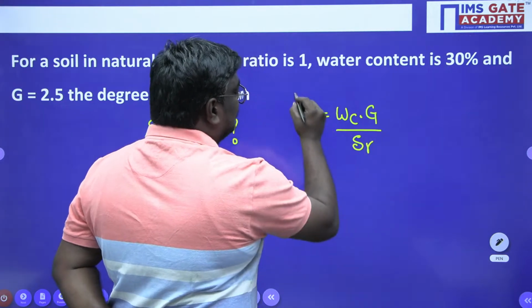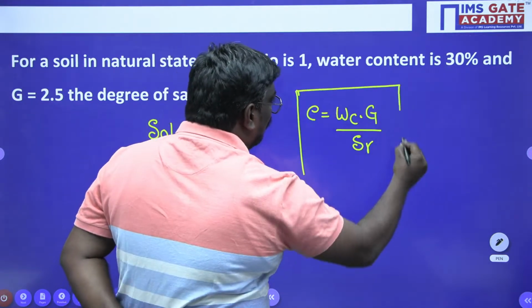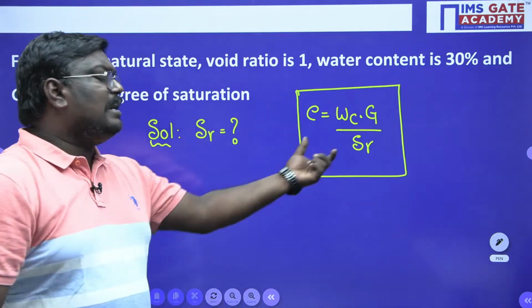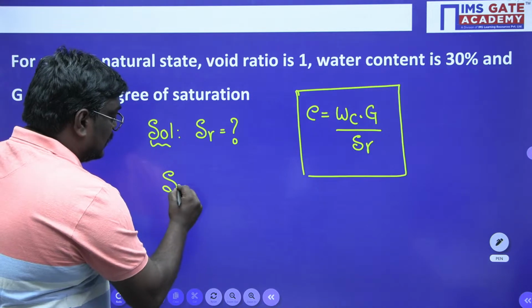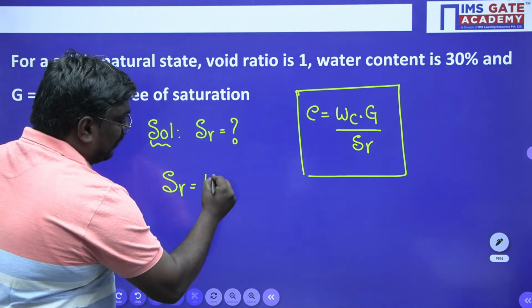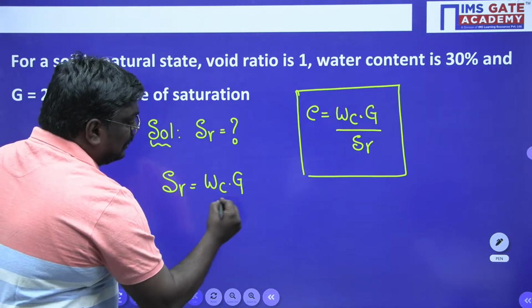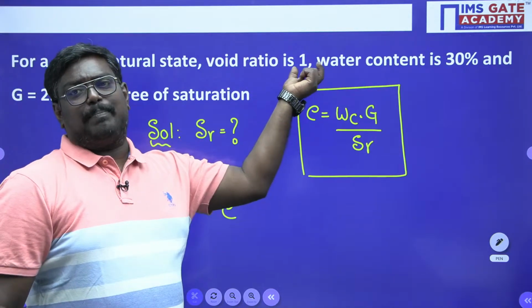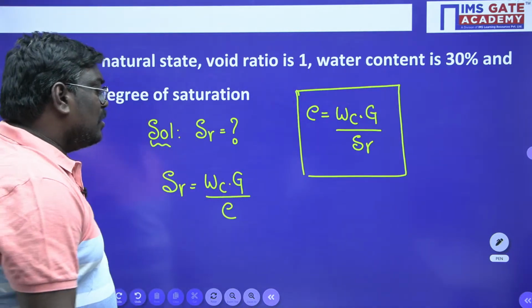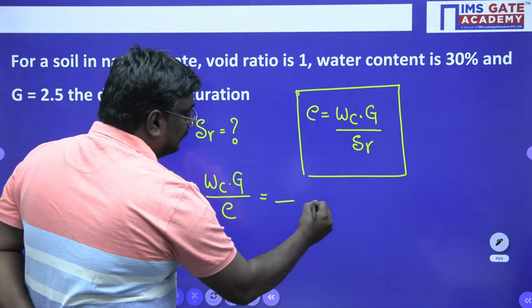This is the relation for void ratio, water content, specific gravity and degree of saturation. Now how do you calculate the degree of saturation? Degree of saturation is given by the formula water content times G upon void ratio. Here it was clearly given in the problem. What is the void ratio? The void ratio value is 1.